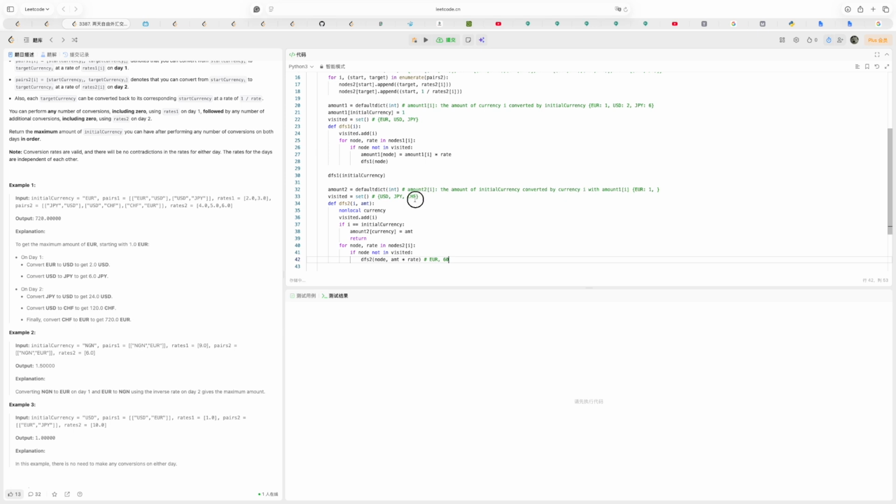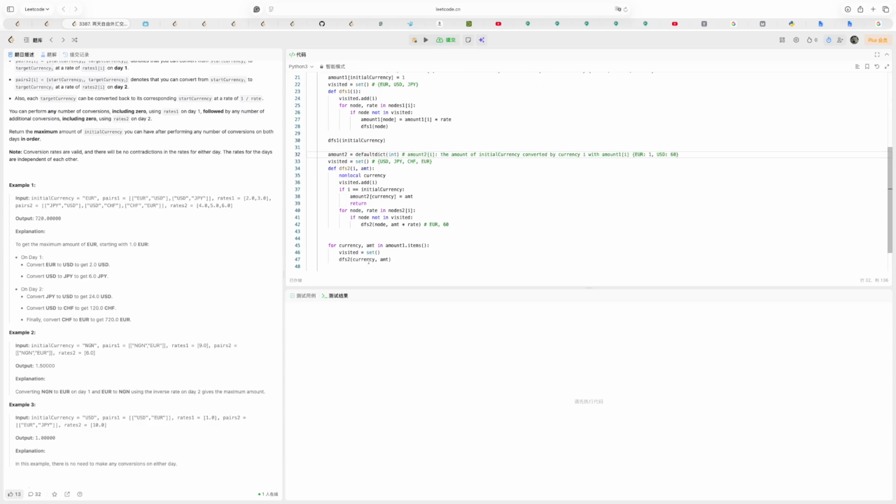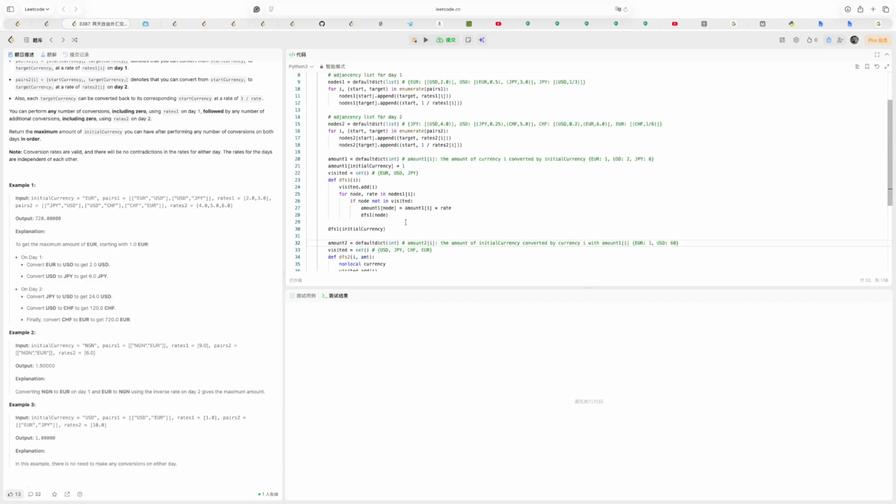We will add the euros in the visited set, and it is equal to the initial currency, so we'll have USD with the amount 60. Then we'll return, and everything is finished.